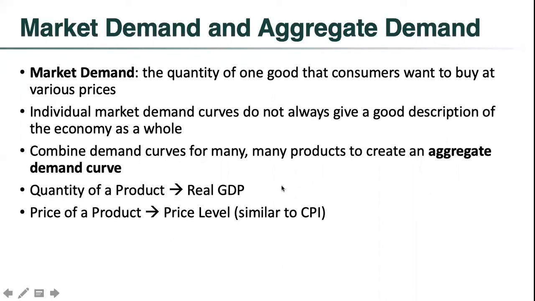Okay. The price axis, so the y-axis, instead of just being one price number, we're going to think of it like a price level, similar to learning about CPI, right? Because the reality is that for everything in the economy, there's not one price, right? You can't just say how much absolutely everything is costing somebody. You can't have one unit of everything, right?